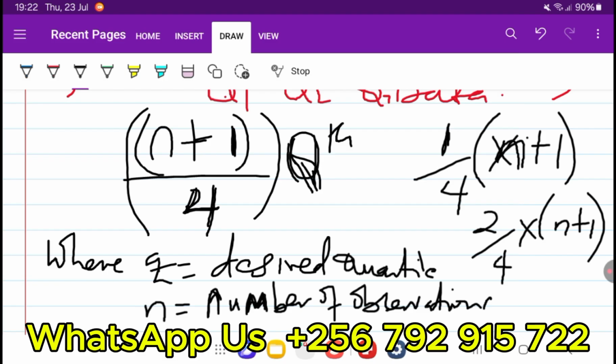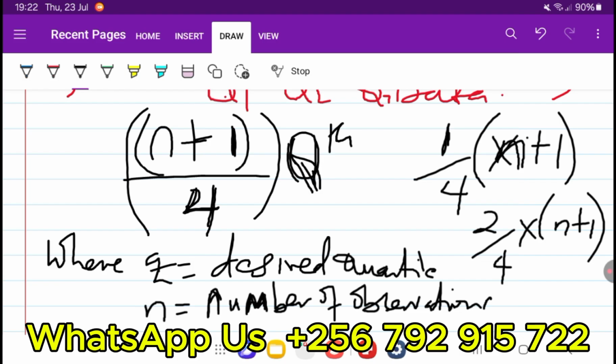It's a position value. In other words, we say that quartiles are positional. So whichever value we compute from here will give us the position where we are supposed to pick the value.